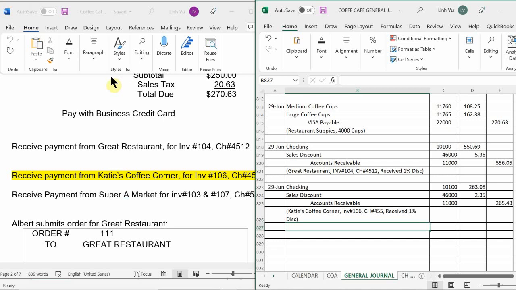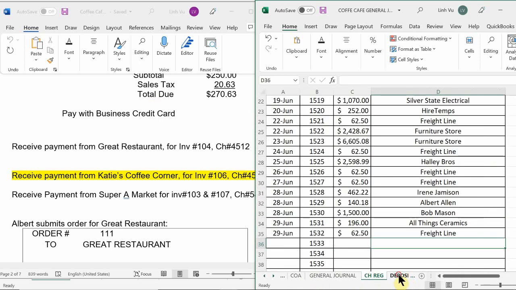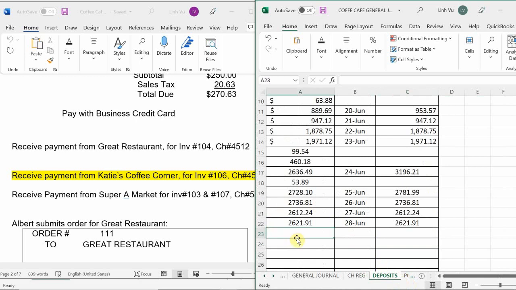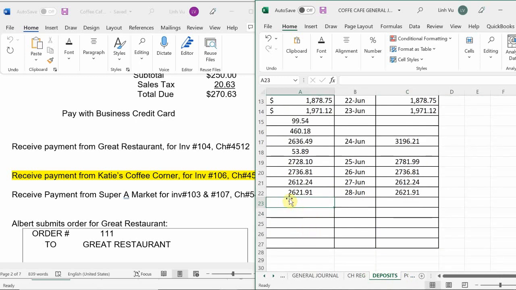All right, before we forget, we need to deposit the money. Okay, so here we already forgot to do the previous one for the Great Restaurant.